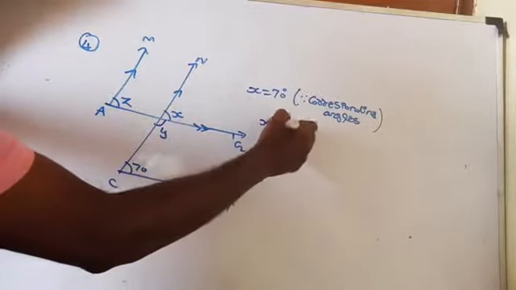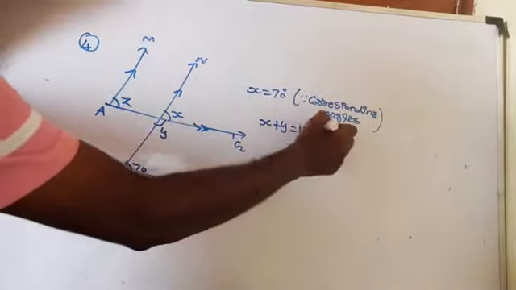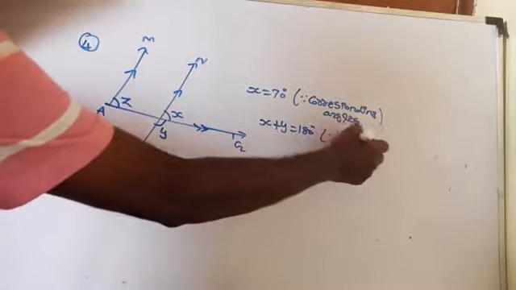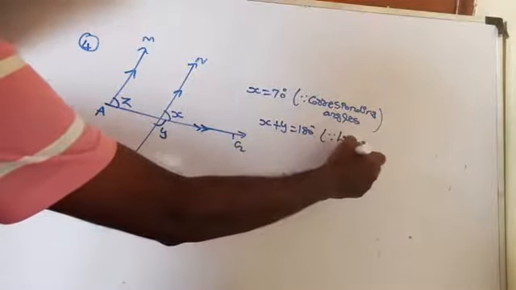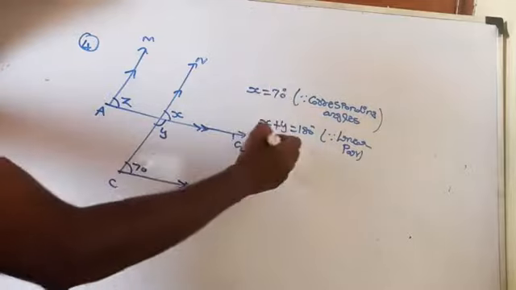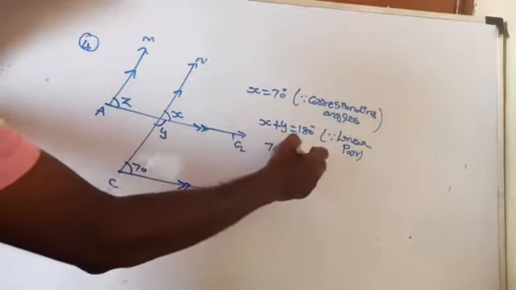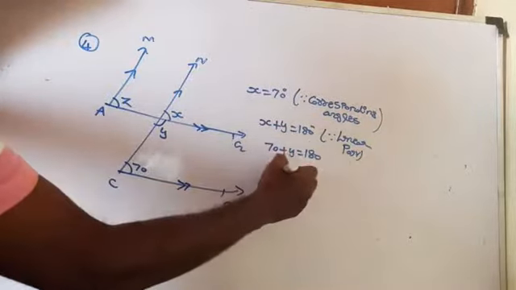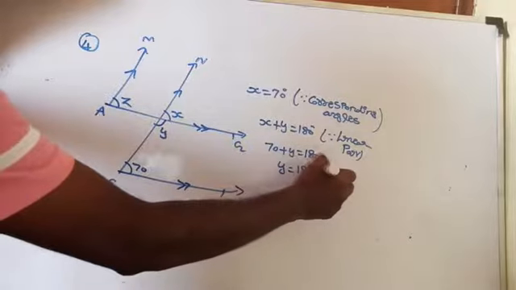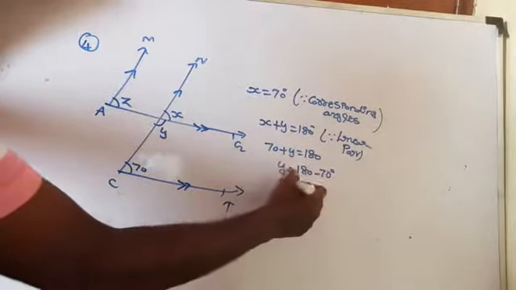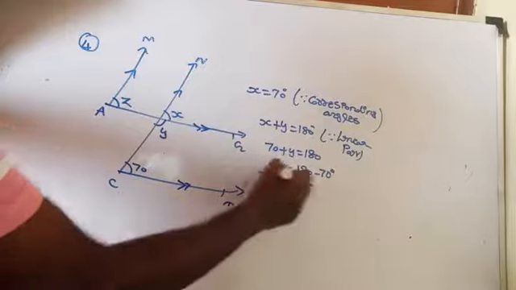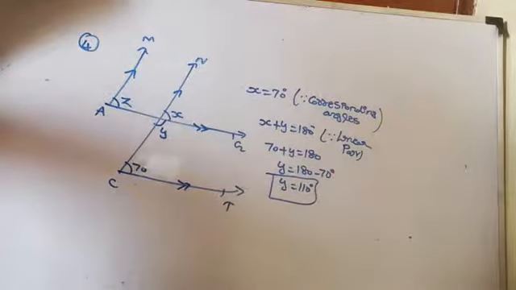Here I am writing X plus Y equals 180 degrees since it is a linear pair. We found X is 70, so 70 plus Y equals 180, then Y equals 180 minus 70. What is the value of Y, dear? 110 degrees. Yes, good. Now we got the values of X as well as Y.